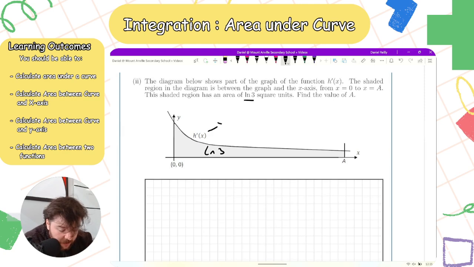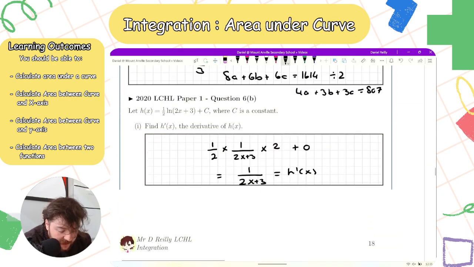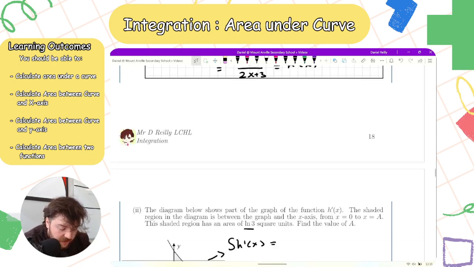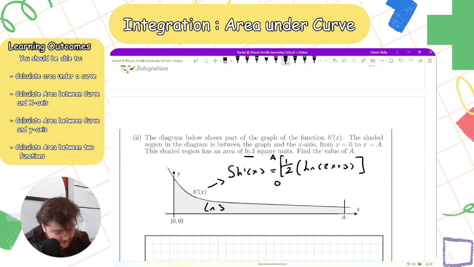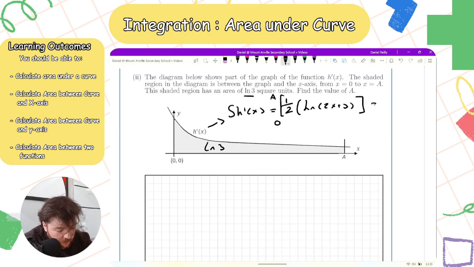Well, the integral of h of x, we know what that is because it was given to me up here: a half ln 2x plus 3. And plus c, but we're doing a definite integral, so I don't need it. So I'm doing that between 0 and a, equal to ln 3, the area of the curve.